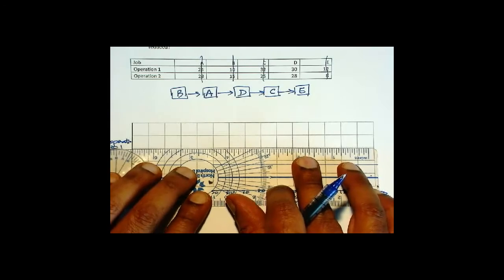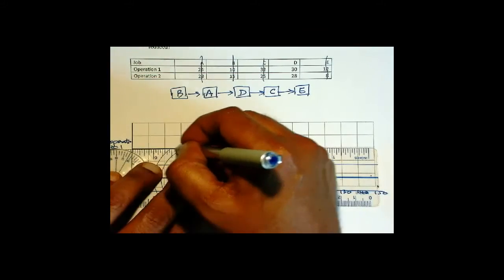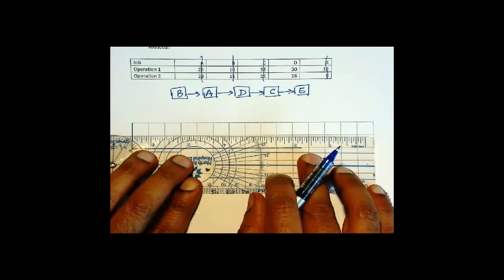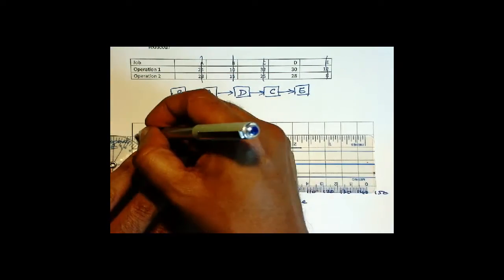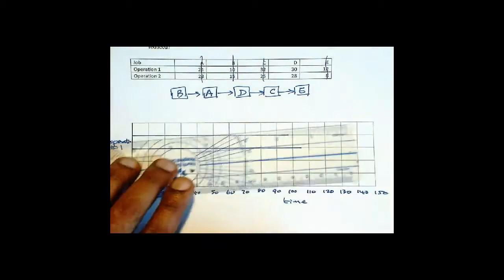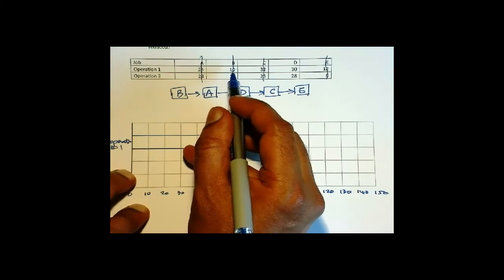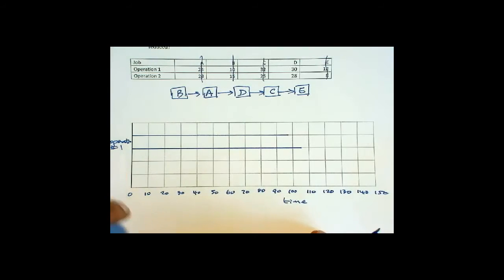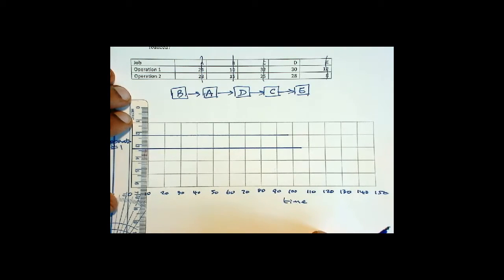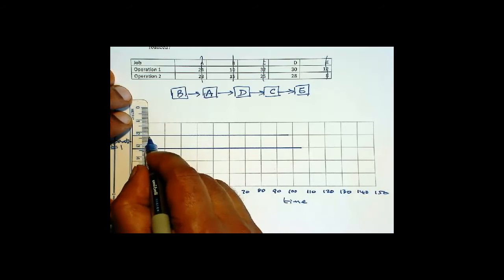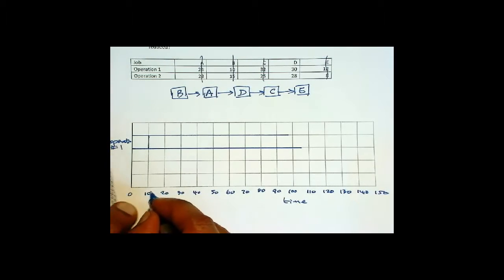So we'll schedule operation 1 in its entirety first, and then we will look at operation 2. First one is B. So B takes 10 days or 10 hours or whatever the case may be. So that is 10. So that one is B.